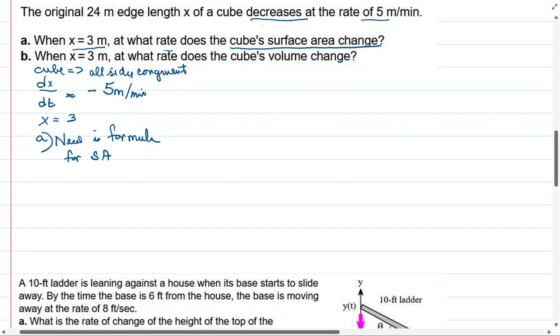All right. So in a cube, how many sides do we have? 6. Right? 6. Thank you. And we know that all sides are the same. I'm going to let x equal a side. Is that okay with everyone?